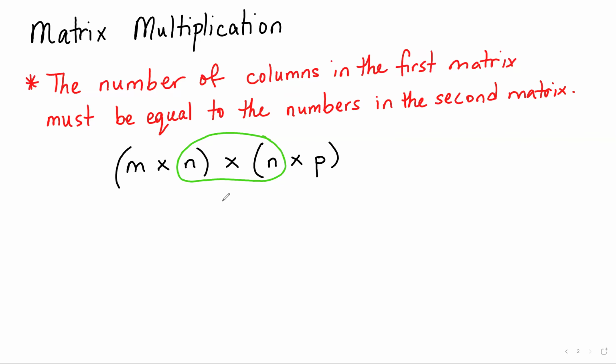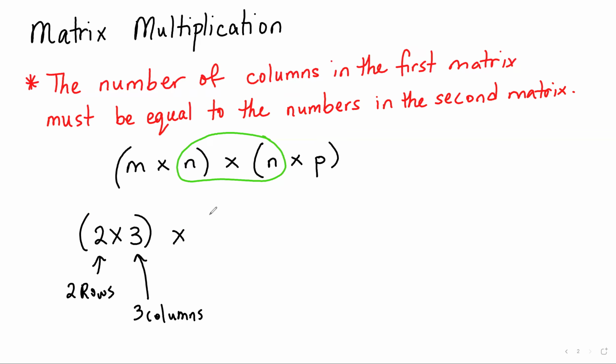So in an actual example, if I have a 2 by 3 matrix, this would mean the first matrix has 2 rows and 3 columns. That can only be multiplied by any other matrix that has 3 rows. It could be 3 by 1, 3 by 2, 3 by 4. It doesn't even matter how many columns the second matrix has.